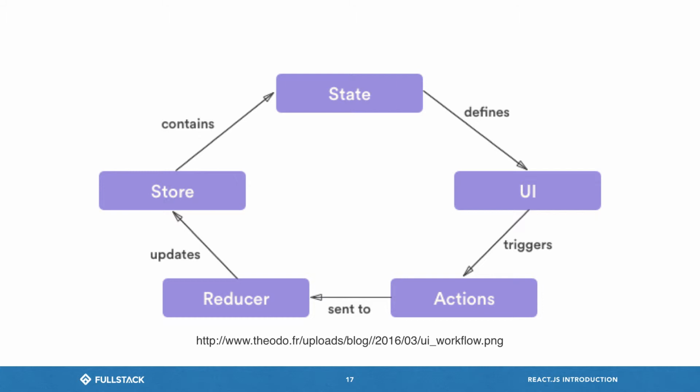So the flow looks a bit like this. We have our Redux state that's in the store, which is going to define the shape of our UI. So all of our components are going to listen to it. And one nice thing about Redux is that most of our components can become dumb components, meaning that they reliably and deterministically map between a particular state and a particular view layout.